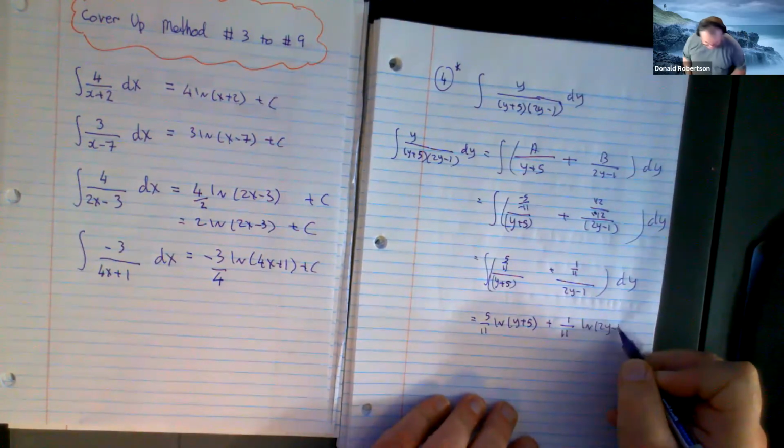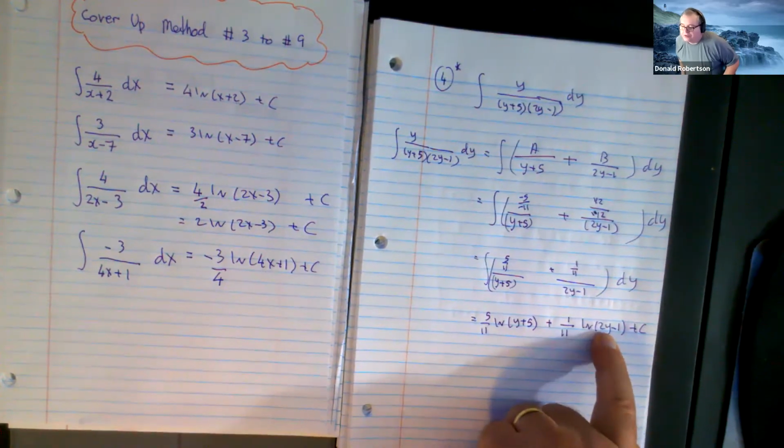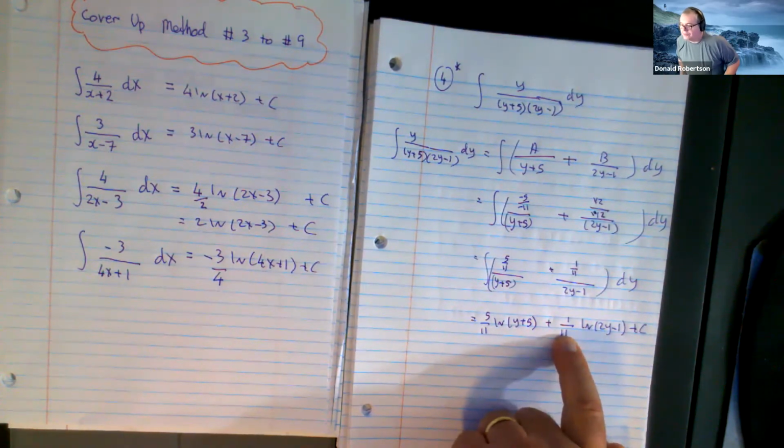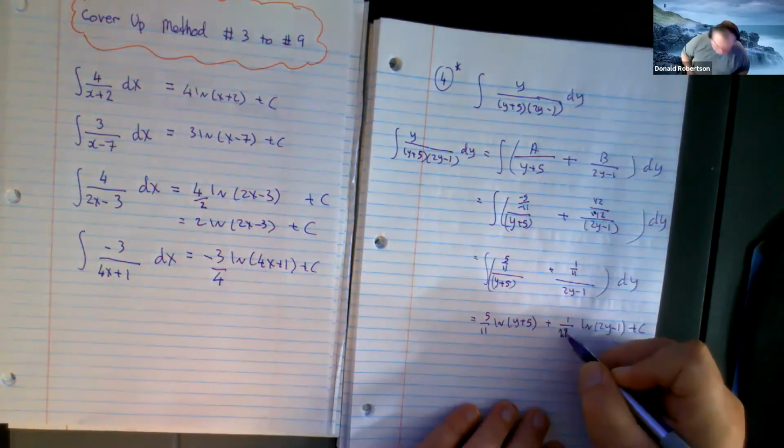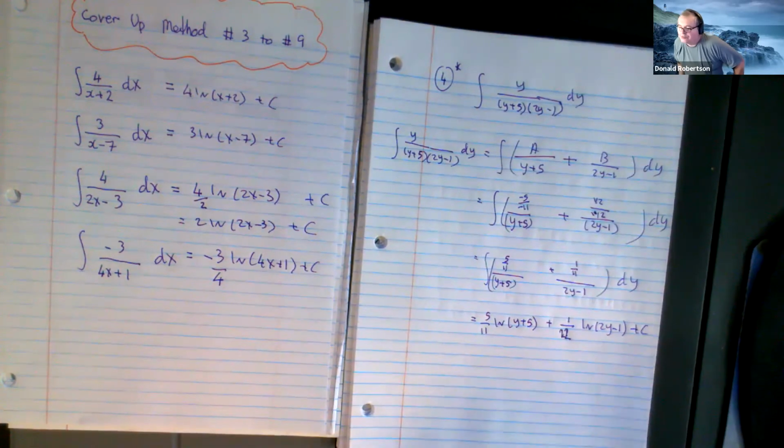Agreed? Doesn't that 2 contribute to the answer? And won't that basically be, you know, multiply by half or divide by 2, however you want to say it? Are you happy where that 22 came from then? It used to be 11, but you double it to 22. And you're finished. You've now integrated your first question using the cover-up method.